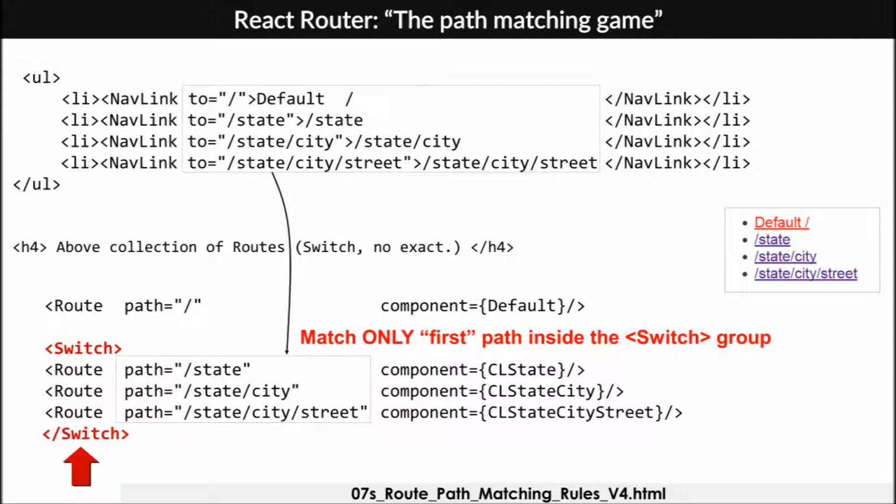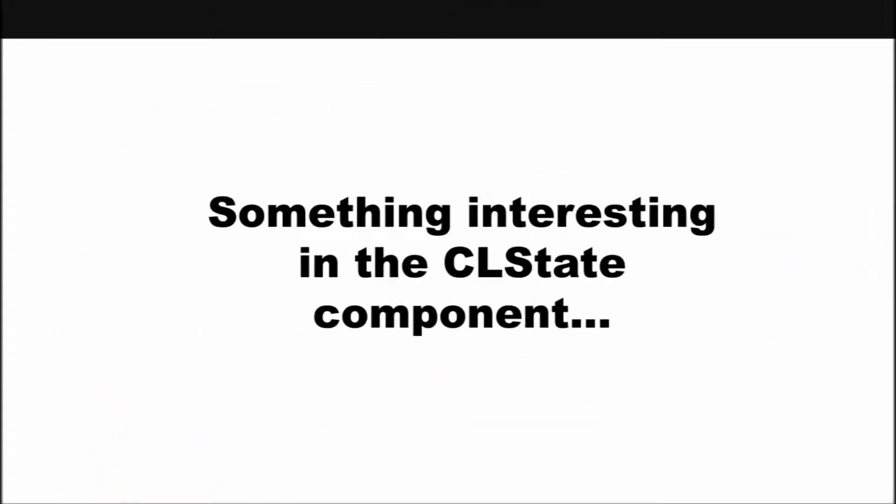And now the rule is to match only the first path inside the Switch group and then break out of the Switch. And there seems to be an implied exact going on here, because if I click the NavLink state, city, street, it will not execute, even though it's higher up in the list, the /state route. It will only render the component where the path is /state, /city, /street.